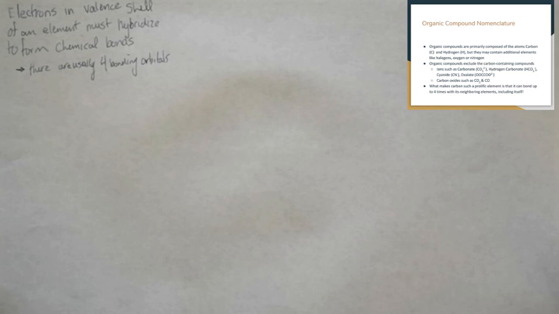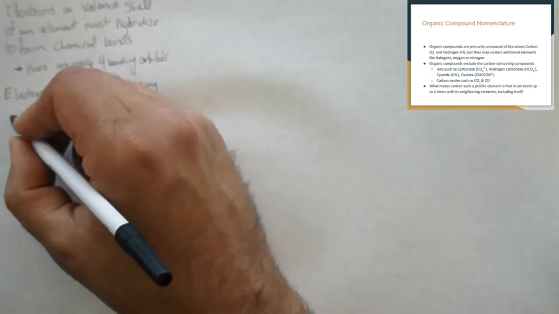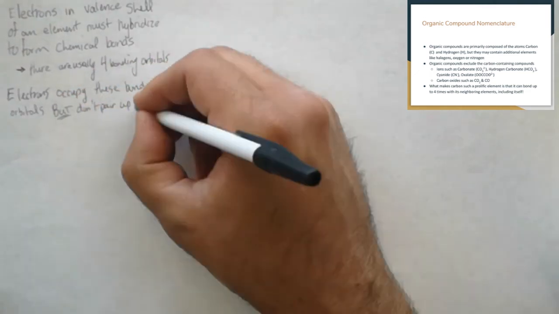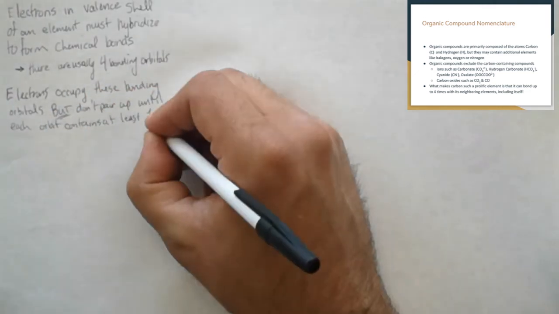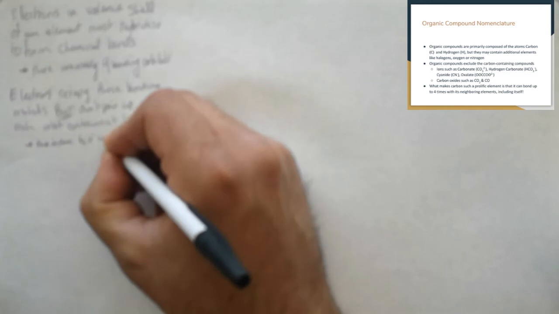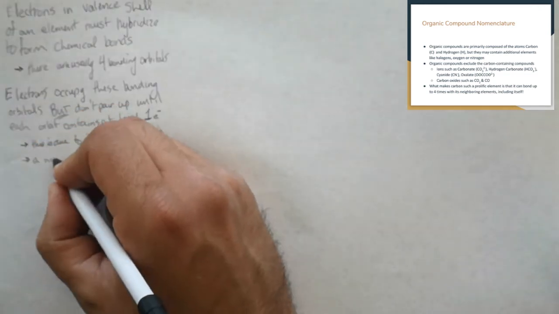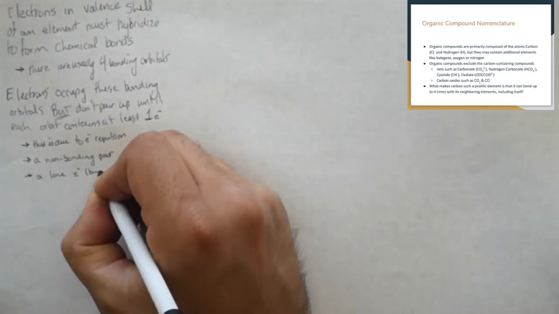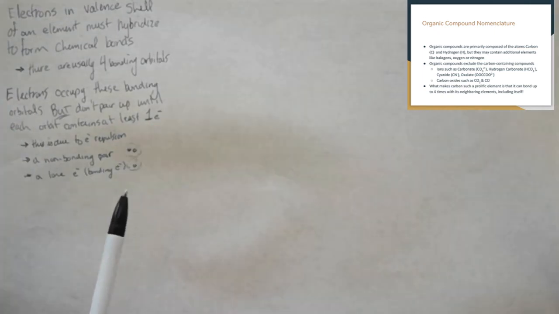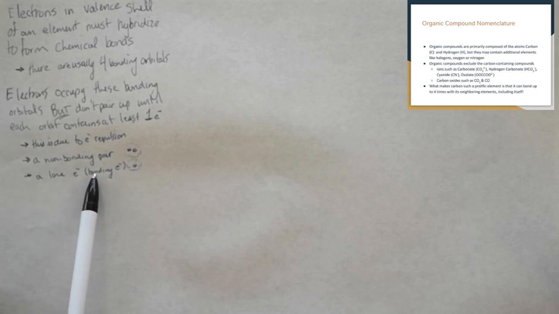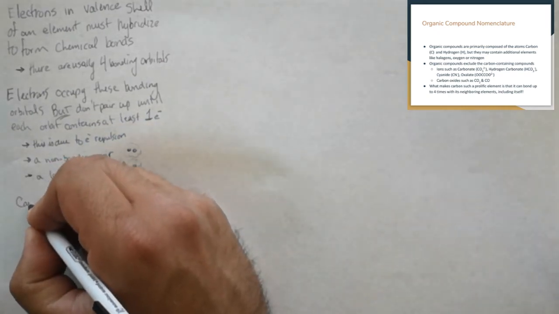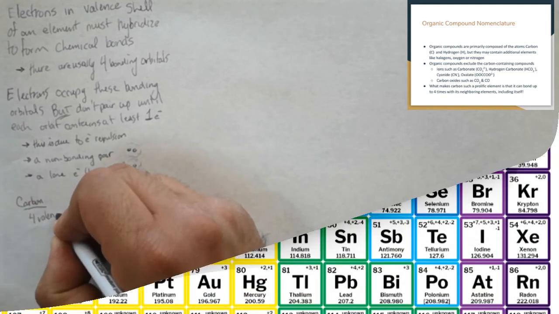There are usually 4 bonding orbitals. When we see a non-bonding pair of electrons, no bonds will form. But when we see a lone electron, we understand that as being a site where one bond can occur.